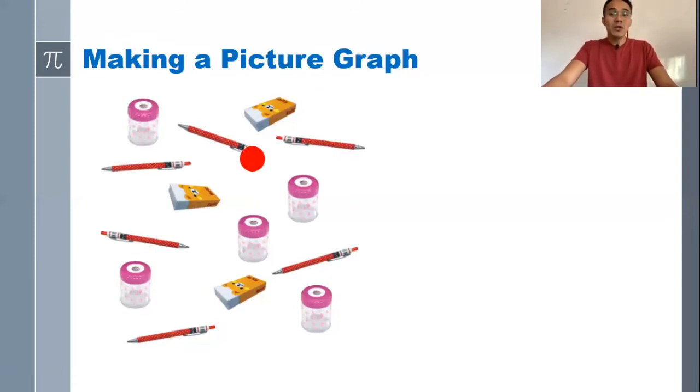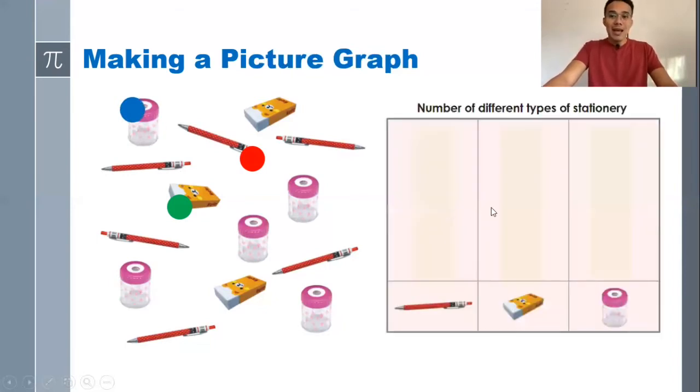So we use red chips for all red pens. Take note of that. And we're going to use green chips or counters for erasers, blue chips or counters for sharpeners. And this is going to be our graph or just a table.